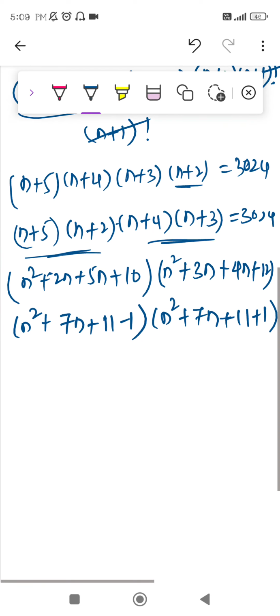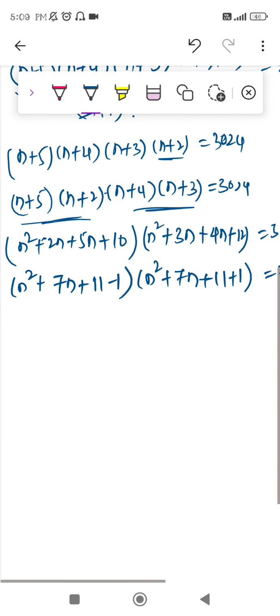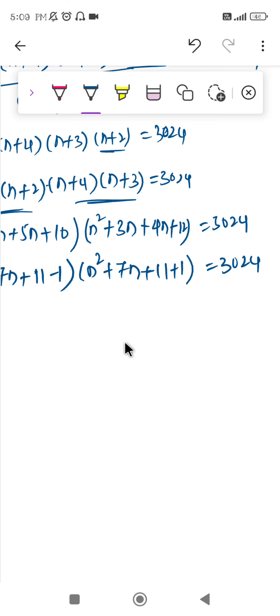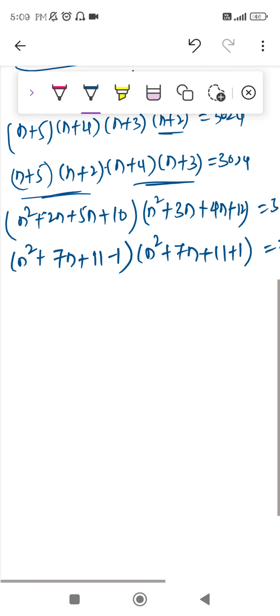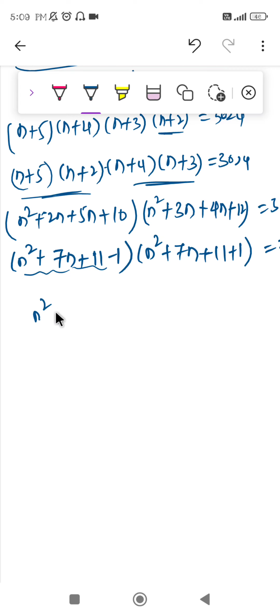So now this term, n square plus 7n plus 11, we can take as x. Okay, so consider n square plus 7n plus 11 is equal to x.